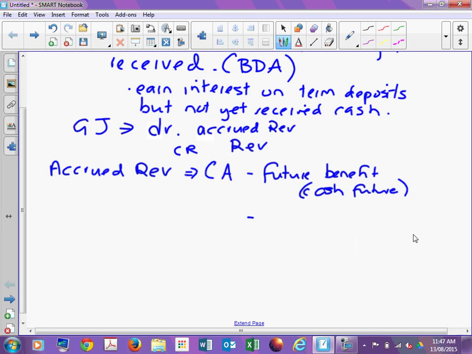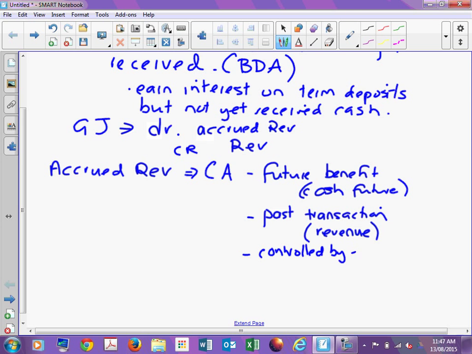What are the 3 parts of an asset? Future economic benefit, result of a past transaction, earning that revenue. What's the last part? 12 months is the current part. What's the last part of an asset? Controlled by the entity.